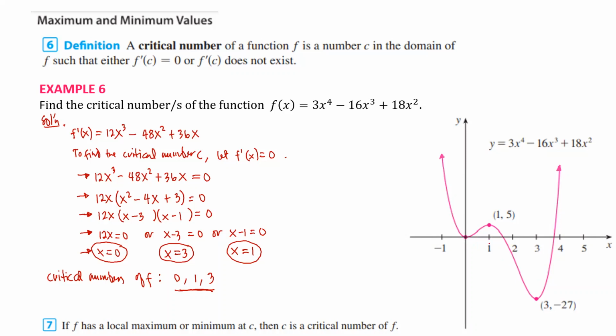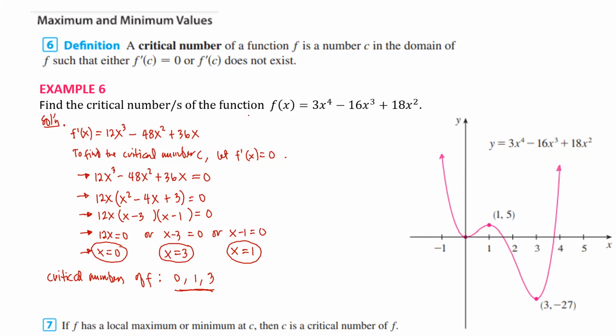Of course, the critical numbers do not always correspond to a local minimum or local maximum, because there is also the case in the definition where you have a critical number when the derivative of your function does not exist.